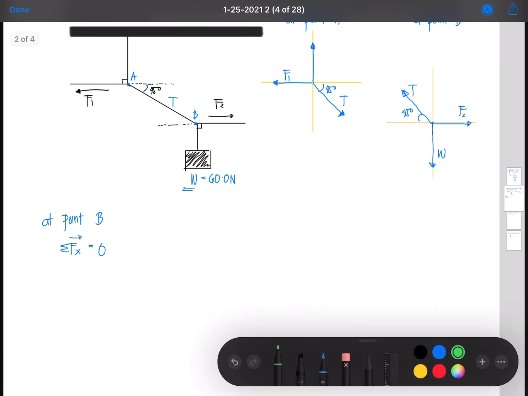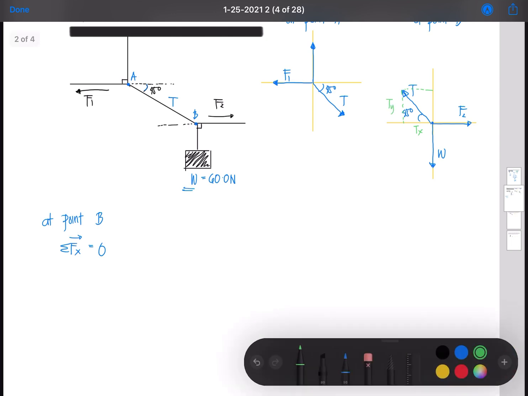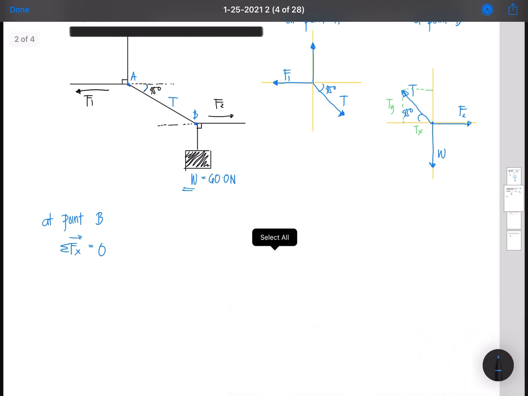Take note that we have here Tx, and we also have Ty. The x component of the tension is directed towards the negative x-axis, so that is negative Tx, plus we also have F2, and that is equal to 0.